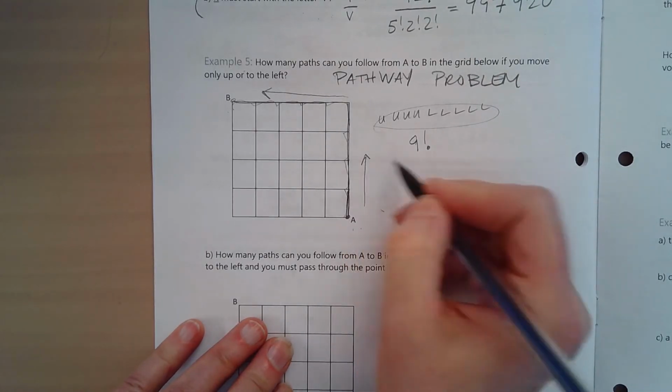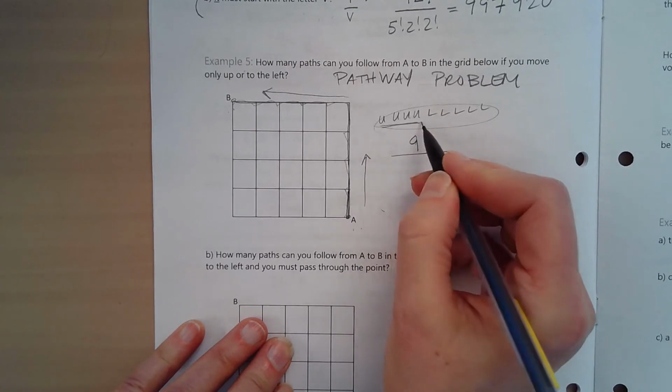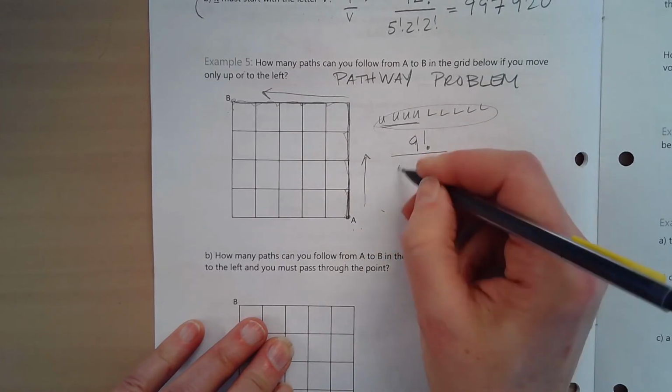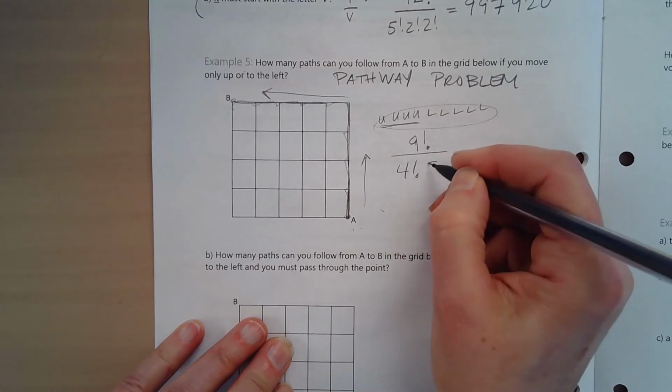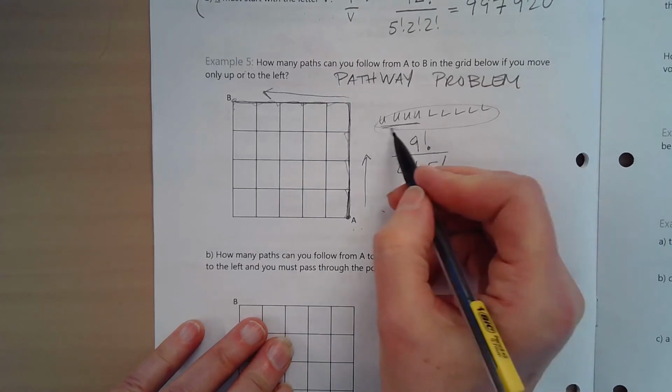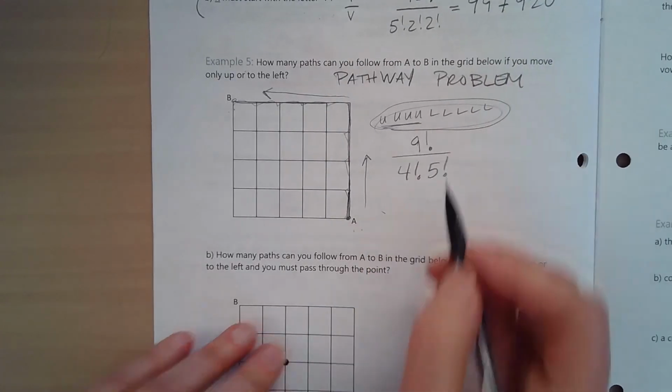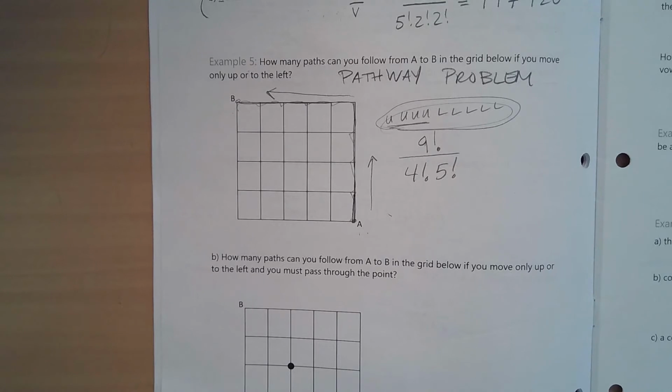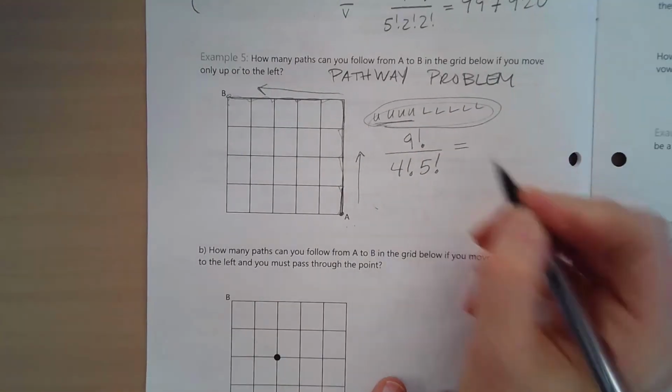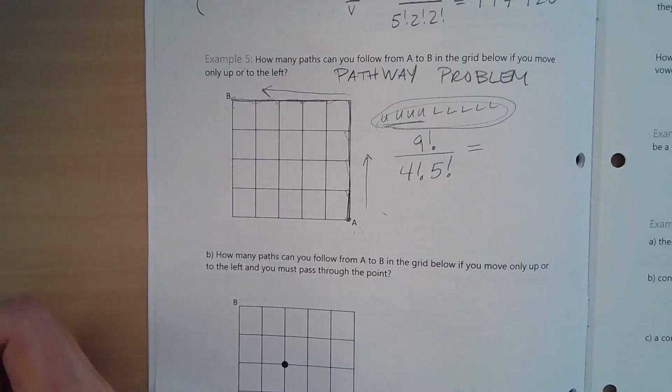And 4 of them are ups, correct? 5 of them are lefts, and basically my path has to consist of some ordering of 4 blocks up and 5 to the left, right? So it becomes this type of problem. That's why it's identical objects.